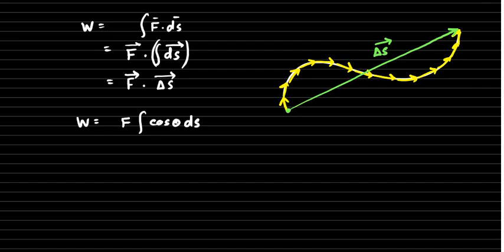Next is when we have a variable force. So whenever we do have a variable force, we may need to keep the force F inside the integral sign and find out the work done on a case to case basis according to the problem.